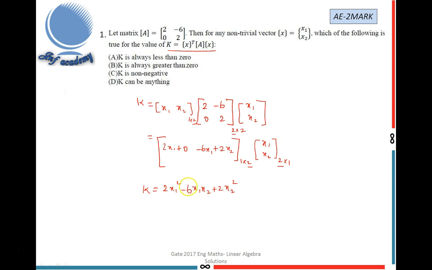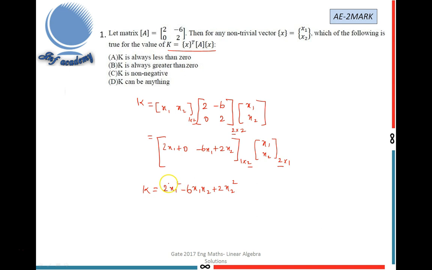Here, k depends on the variables x1 and x2. x1 and x2 are unknown values, maybe positive, negative, 0, complex numbers, anything, because you don't have the values of x1 and x2.